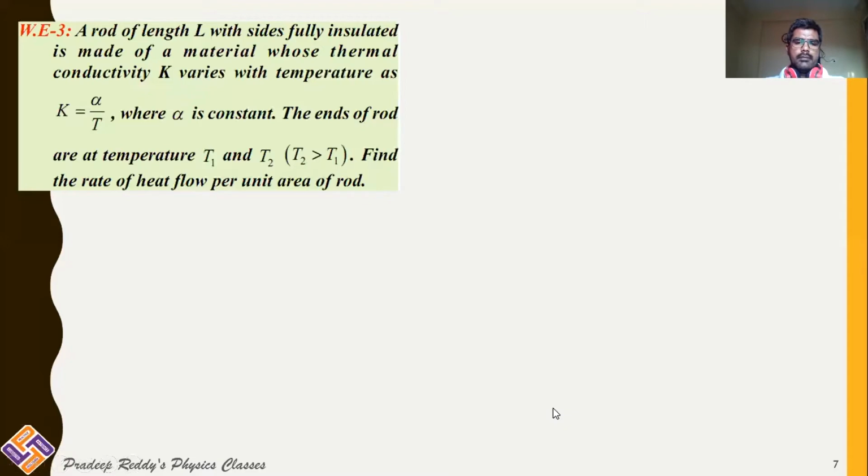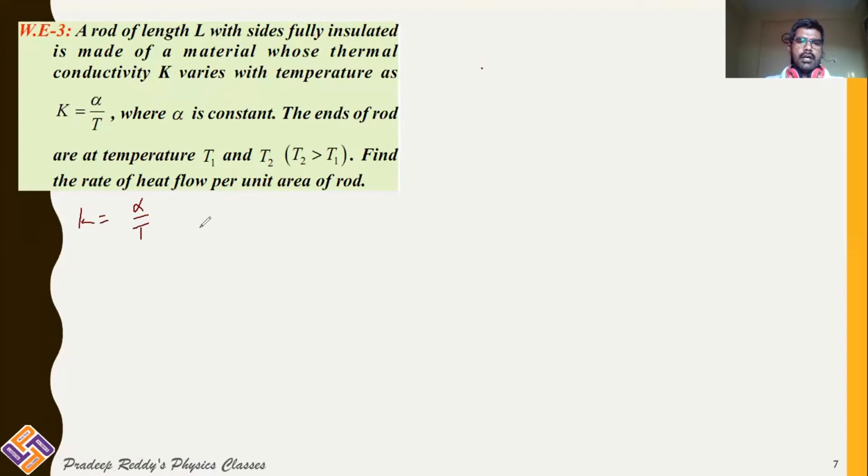In the previous problem, thermal conductivity of the material is constant, but in this problem, thermal conductivity of the material is not constant. You have a rod of length L with sides fully insulated, made up of a material whose thermal conductivity K varies as K is equal to alpha divided by T, where alpha is some constant.